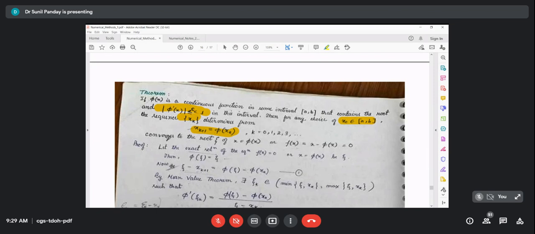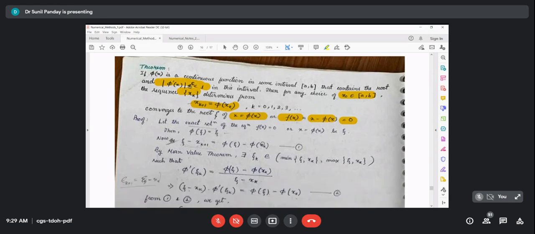So this sequence converges to the root of f x equals 0, because our initial target is to find the root of the equation f x equals 0, and we are rewriting it as x equals phi x.